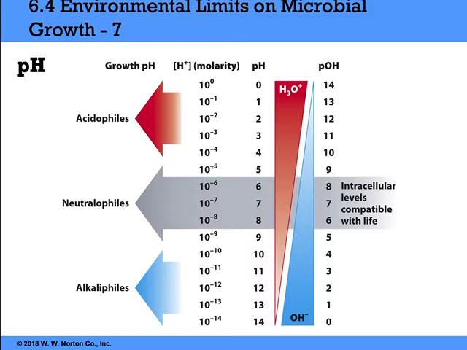So what's happening here is that the concentration of protons is increasing as we go up, and the pH goes down, and it's decreasing as we go down, and the pH goes up. And that's because pH is the opposite of the log to the base 10 of the molarity of the protons.